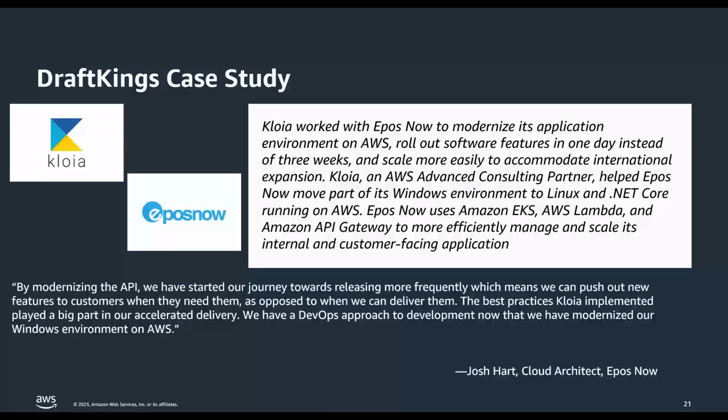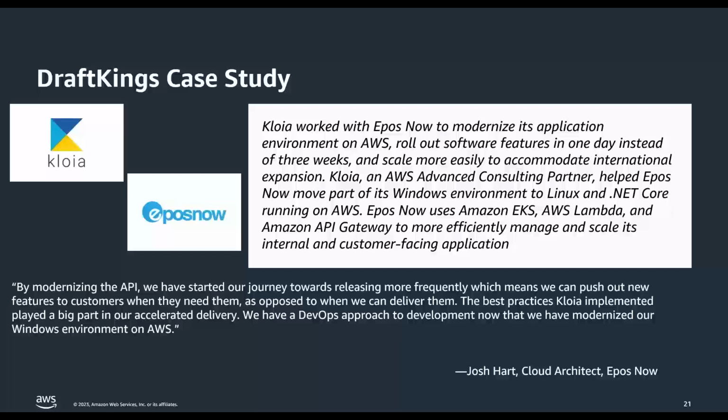They helped decouple their API into a microservices architecture that runs on Kubernetes clusters. We're going to talk more about the containerization pathway in just a few minutes. They also deployed Lambda along with Amazon API Gateway, which could help them create their APIs much more easily and maintain and secure their APIs going forward.